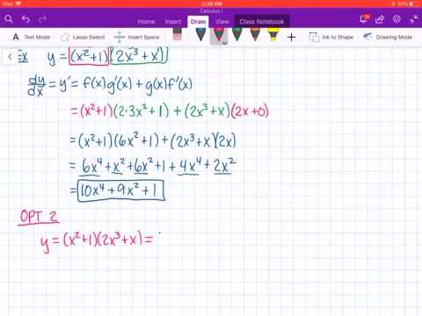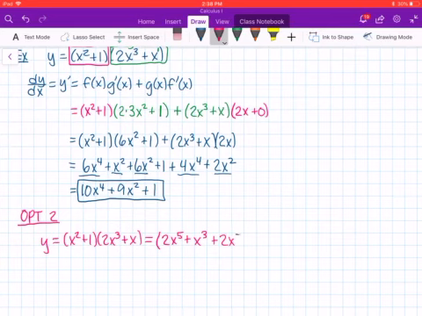Okay, now we could expand this, so we get 2x to the 5th plus x to the 3rd plus 2x cubed plus x. If we combine like terms here, we get 2x to the 5th plus 3x cubed plus x.